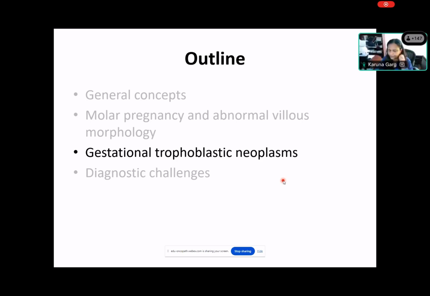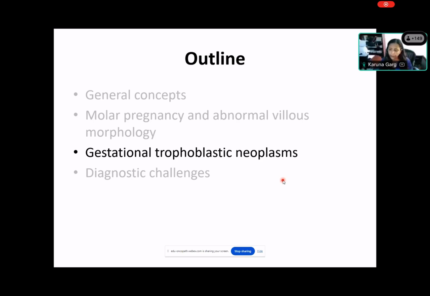Then there are other questions asking for differentiation of partial hydatid mole from hydropic abortus. I think that's the one I was trying to address earlier. If you're seeing a lot of morphologic features, that's how we handle it here. I understand you may not have genotyping available.